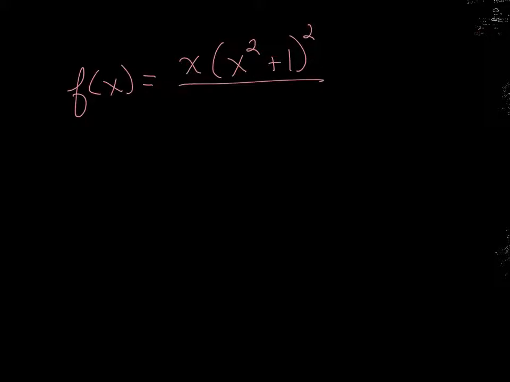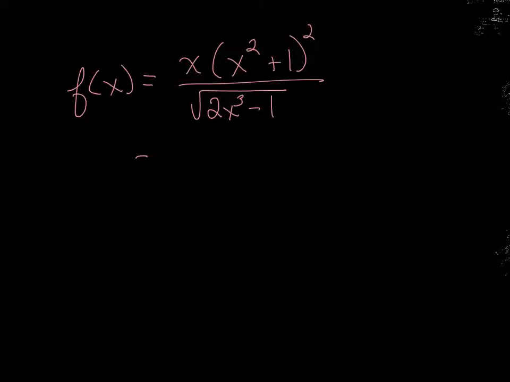Let's look at another one that looks a little more complicated, but if we rewrite it and expand it, we'll find that it's very easy to take that derivative. The natural log of x times x squared plus 1 squared over the square root of 2x cubed minus 1. First step is to see if we can expand this.